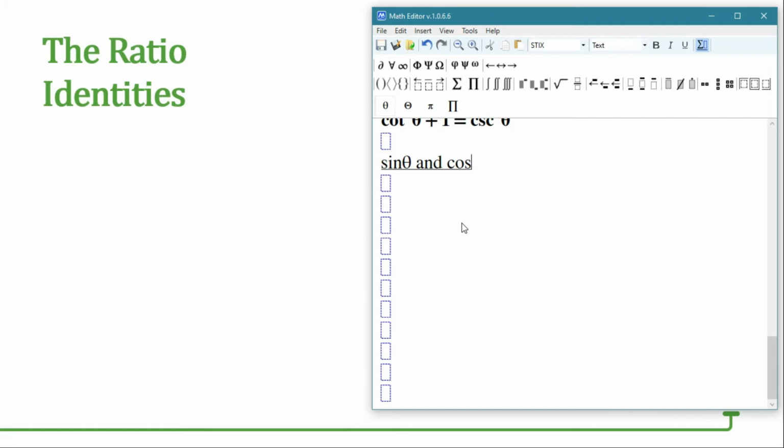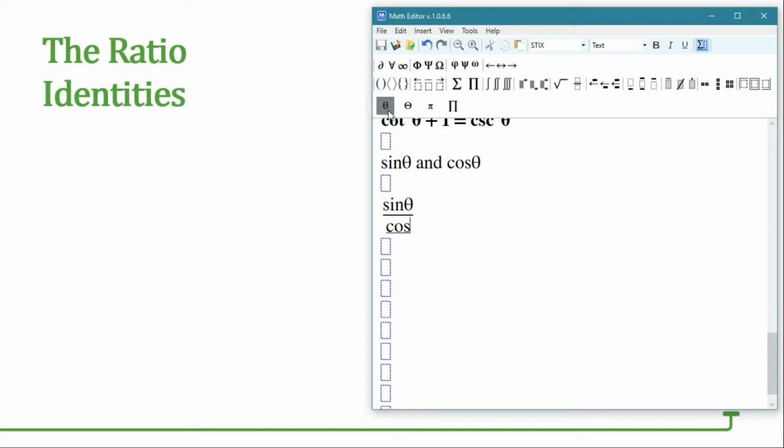So first, we make sine theta our numerator and cosine theta our denominator. So that is sine theta over cosine theta.